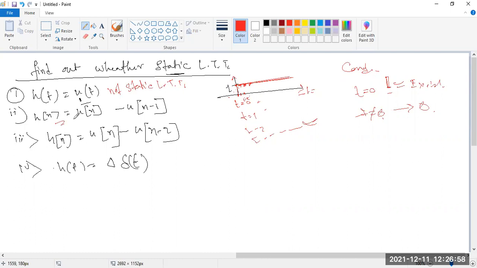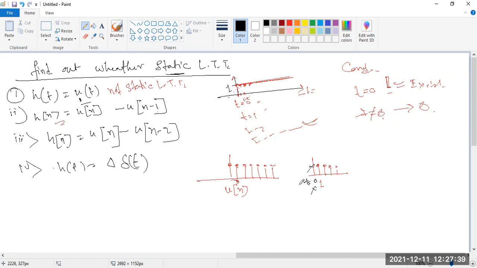Now in this case u of n is the unit step function, but it is discrete. Earlier it was continuous, but here we draw the discrete unit step function. This is 1, this is the step function, it goes on and on. But u of n-1 means it is shifted to the plus side, so nothing is there at t equal to 0.